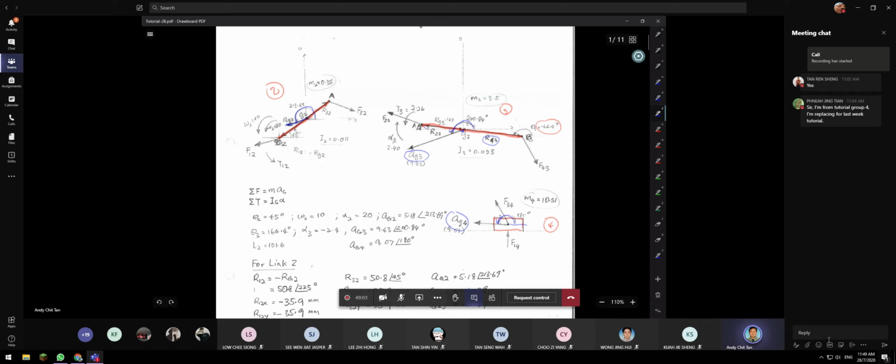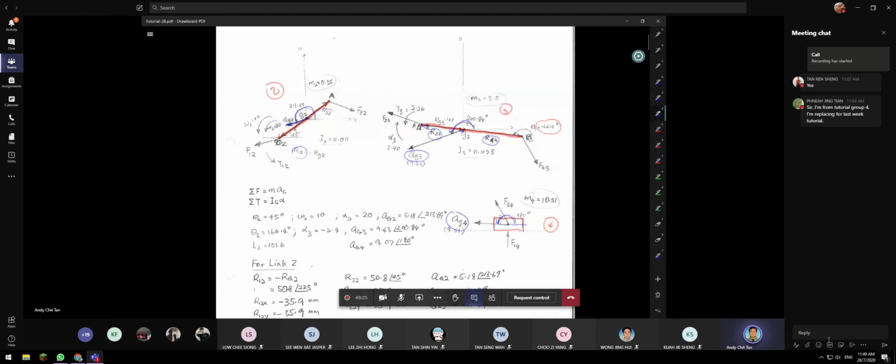You must know the arrow direction. It's very important. R23. You have to draw the direction of the arrow. This is given. You do the same thing for R32, and this value is R12.